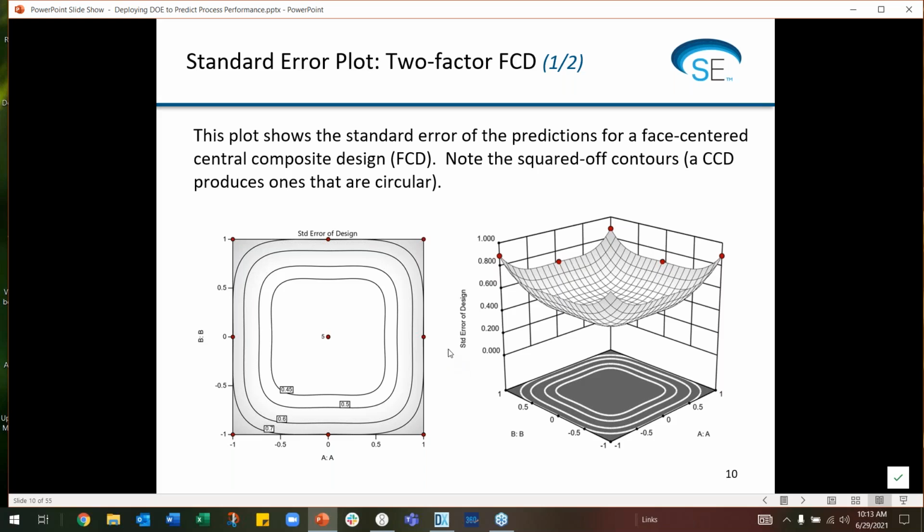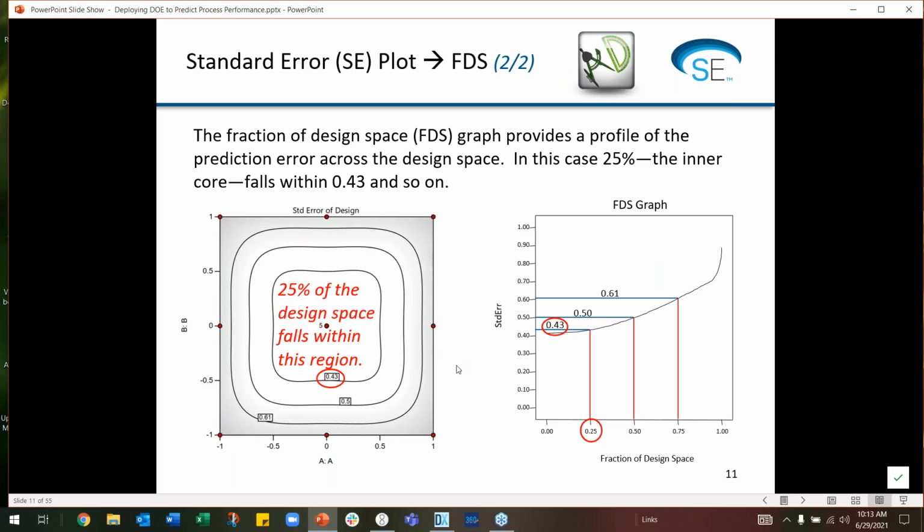So statisticians figured out how to take the information on this graph over multiple dimensions and accumulate this area and calculate how much of the multi-dimensional area can be achieved. So we can plot this on an FDS graph.